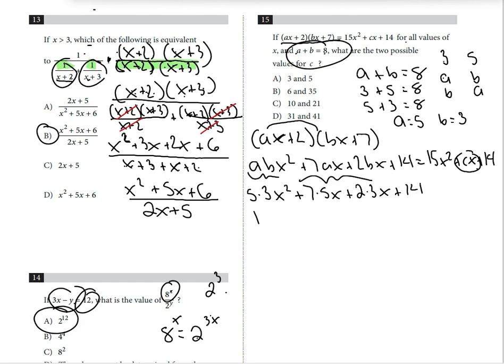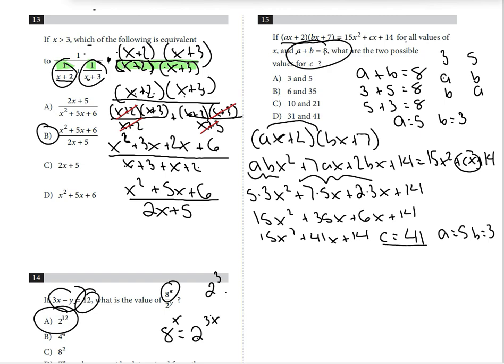So I get 15x squared plus 41x plus 14. So this should be c, excuse me, not x. Here c is 41. So if a is 5 and b is 3, then c is 41.